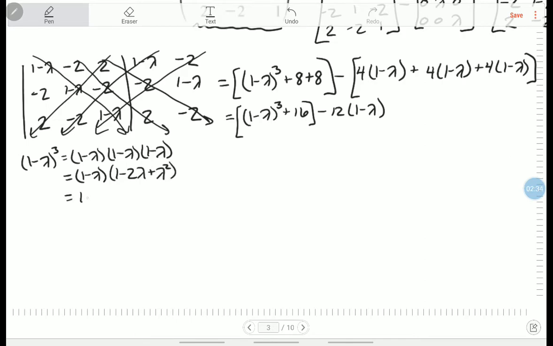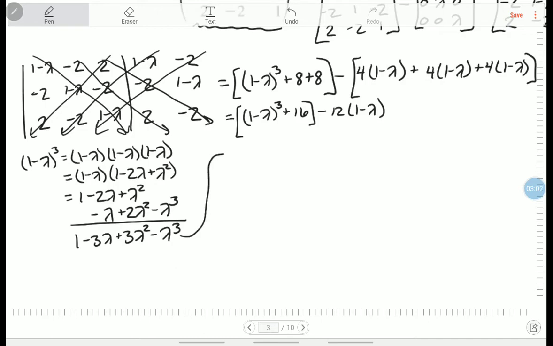If we distribute the 1, and if we distribute the negative lambda, we're going to have negative lambda plus 2 lambda squared minus lambda cubed. So we're going to have 1 minus 3 lambda plus 3 lambda squared minus lambda cubed.